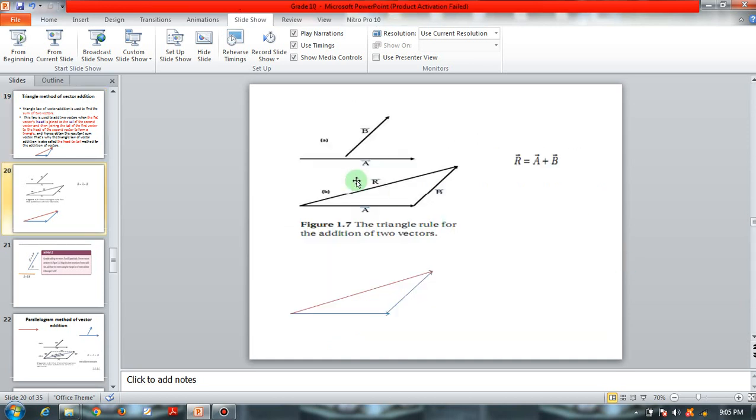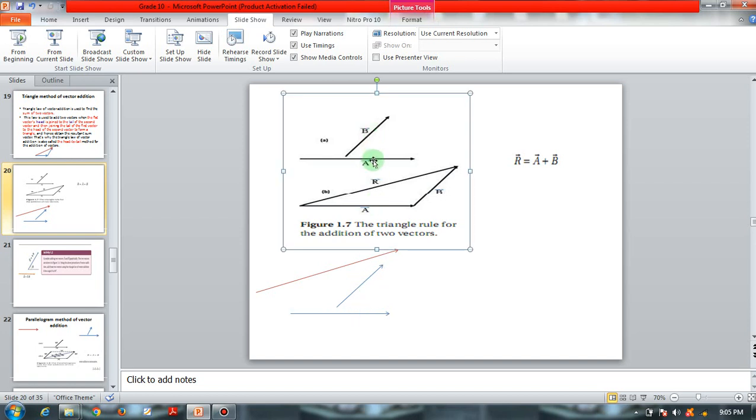Let's see an example. Figure 1.7 shows the triangle rule for the addition of two vectors. Here you can consider the above vectors like this. The horizontal one is vector A, and the other one is vector B. So you can join the head of the first vector with the tail of the second vector.